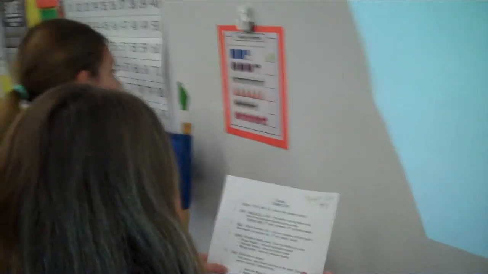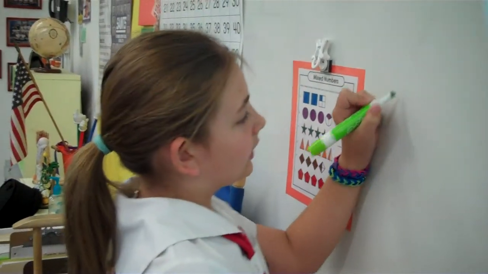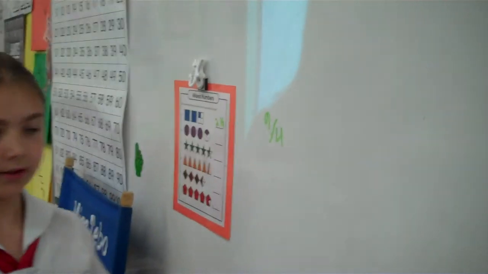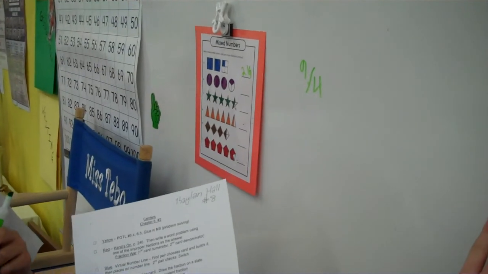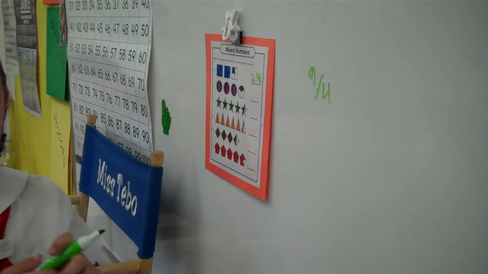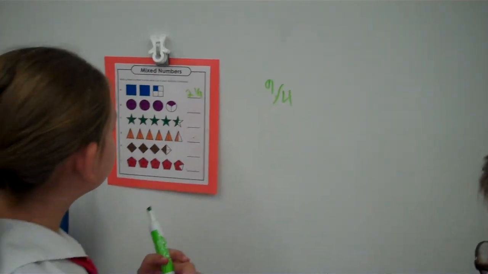Right. So now name it as improper fraction. No, on board. 9/4. Now draw a number line and plot the mixed number and mark it as a mixed number and an improper fraction. So do it 1. The range should be 1 to 3. Okay, so do that.